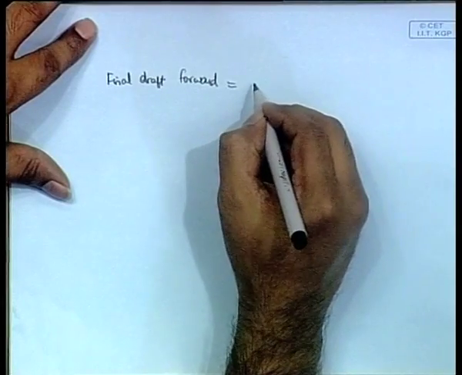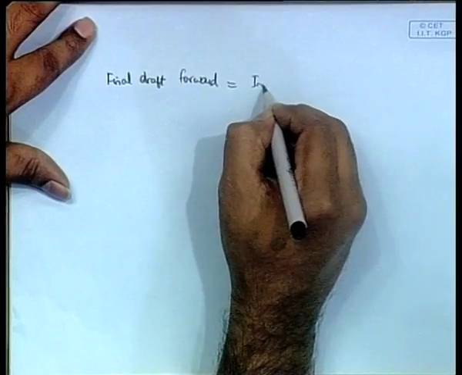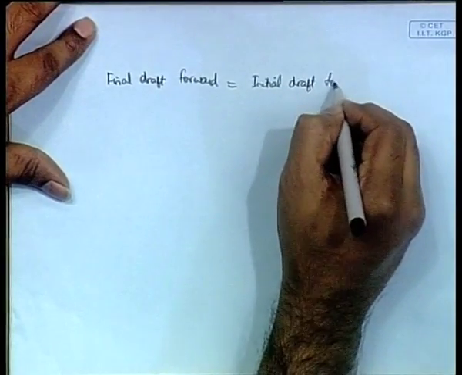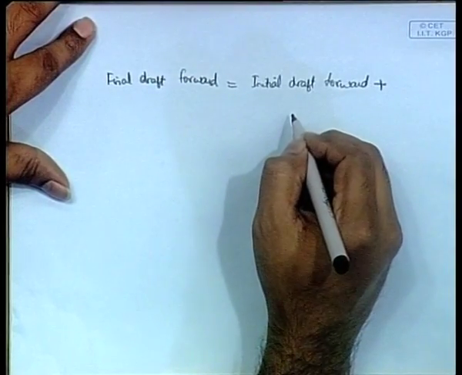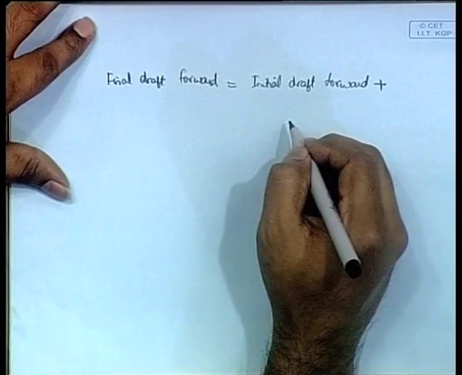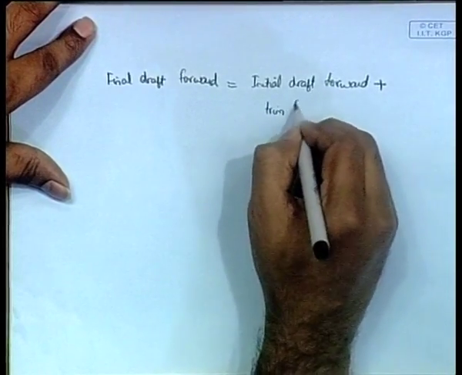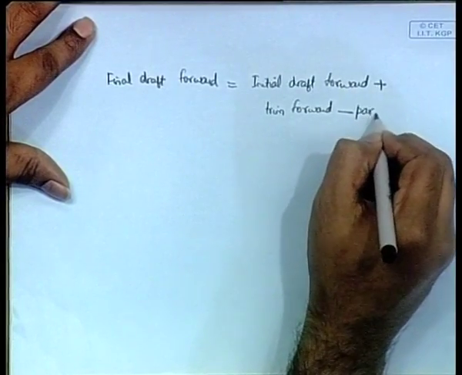Final draft forward will be initial draft forward, whatever is given, plus the trim forward, minus parallel rise.